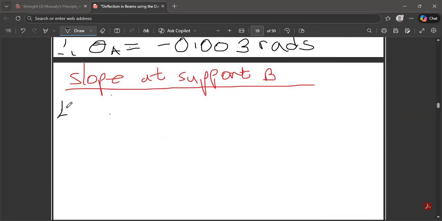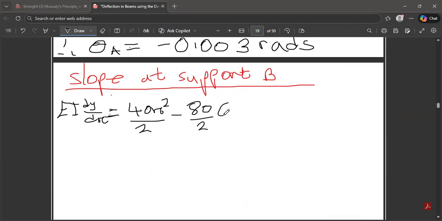So the equation was EI dy dx equal to 40x over 2 all squared minus 80 over 2, now we are having x minus 4 all squared plus our C1.